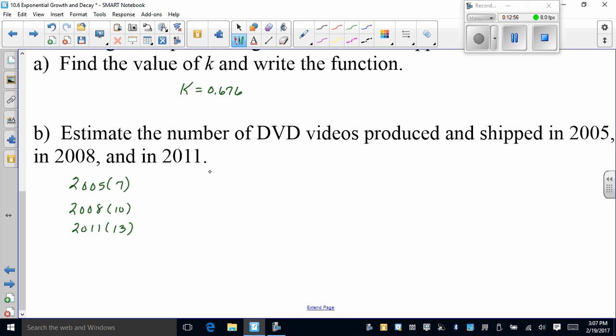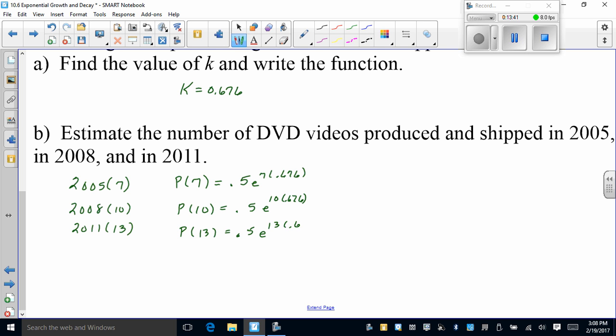Okay, so P of 7 equals 0.5 e to the 7 times 0.676, and then you throw it in the calculator. P of 10 equals 0.5 e to the 10 times 0.676, don't forget the decimal, and P of 13 equals 0.5 e to the 13 times 0.676.